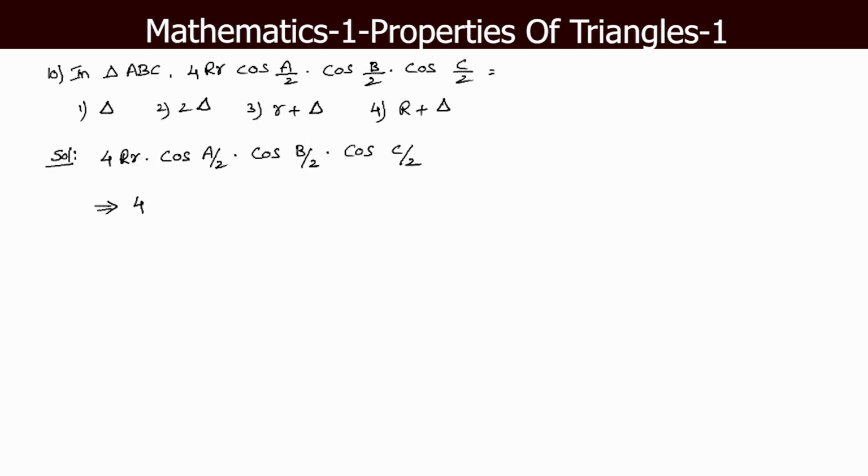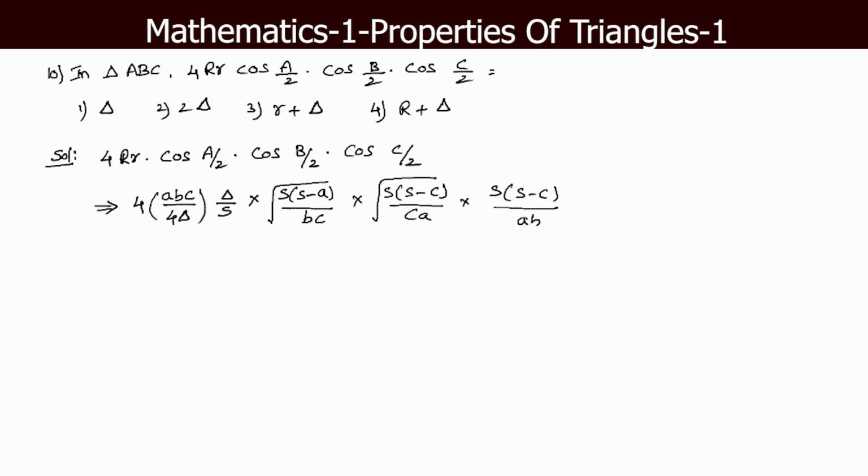If you use the cosine formula, you will get 4ABC by 4 delta into delta by S into the square root of S minus A into S minus B into S minus C over ABC. After simplification, you will get the square root of S minus A into S minus B into S minus C into S, which is nothing but delta. So the answer is option number 1.